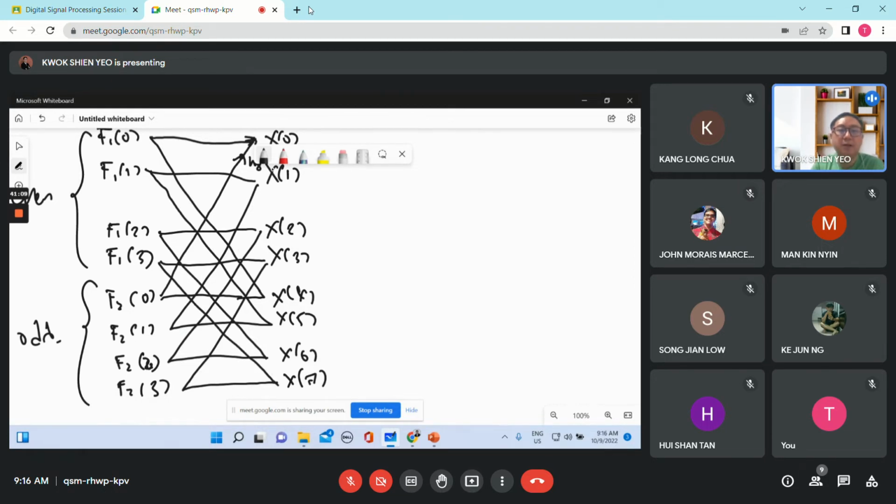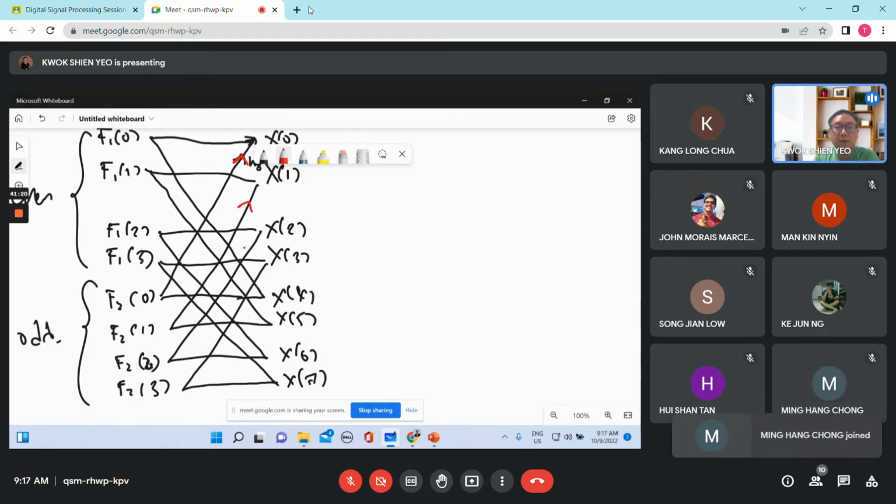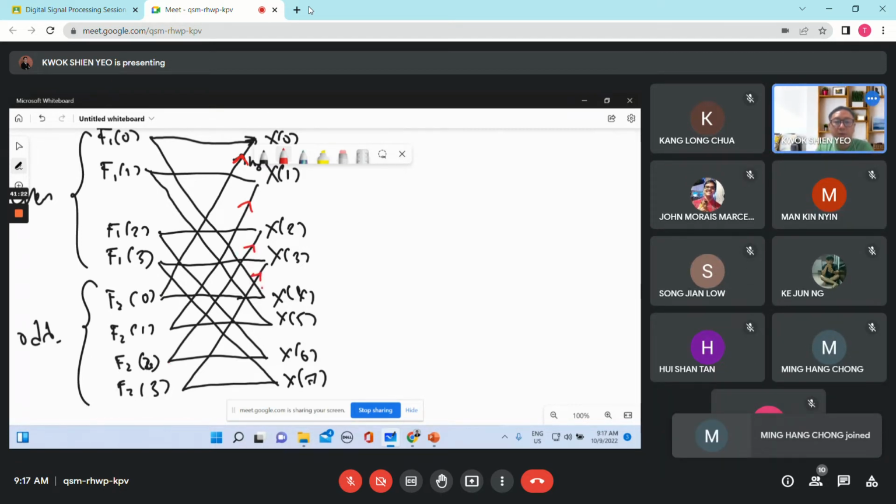All right, and then I know that the one coming out from the odd entry has to be multiplied with a W. So this one, this one, this one, this one, I need to give them the W. The first one is W8 power of 0.